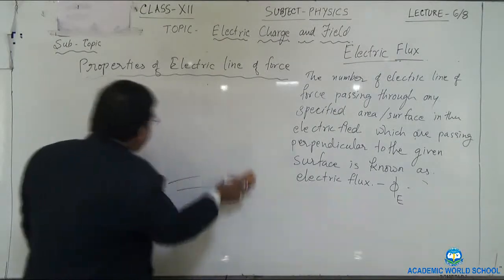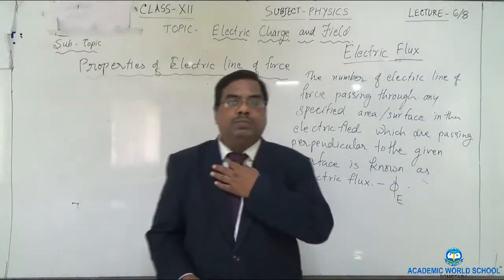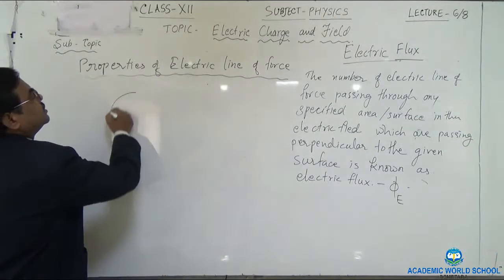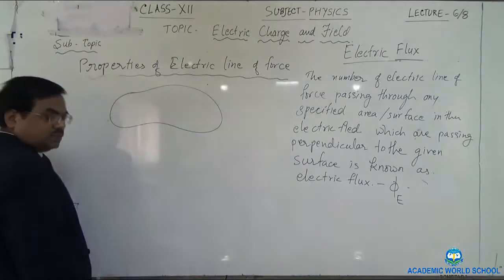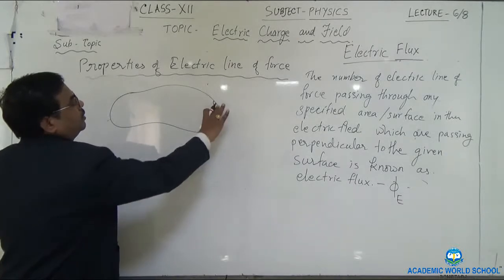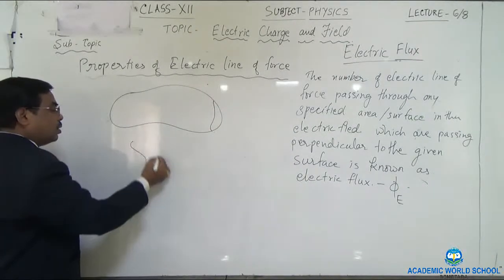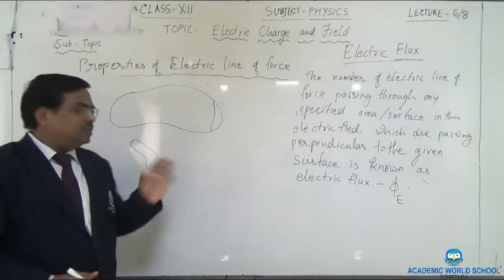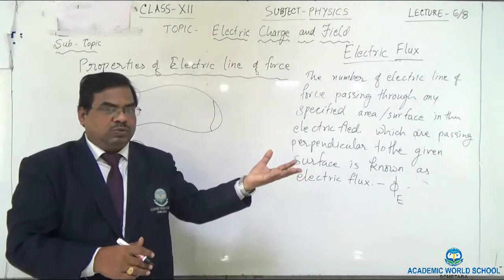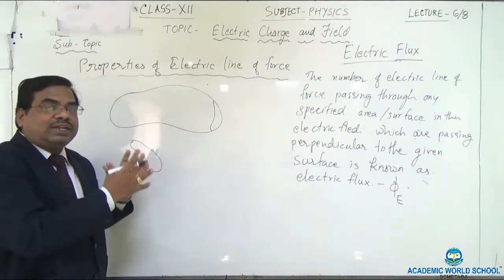So, how to measure this electric flux? For that, we will first understand one term that is called area vector and area. Let us say this is one closed surface and it has got this area here. This area may be having any orientation in this three-dimensional space. Depending on that, we have to understand the orientation of this area.